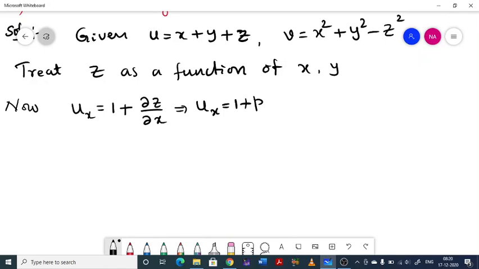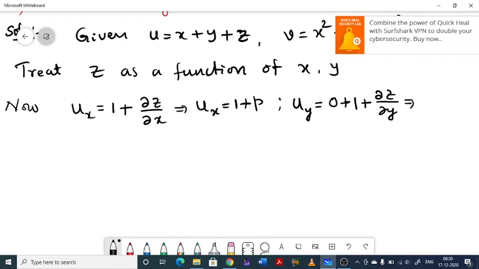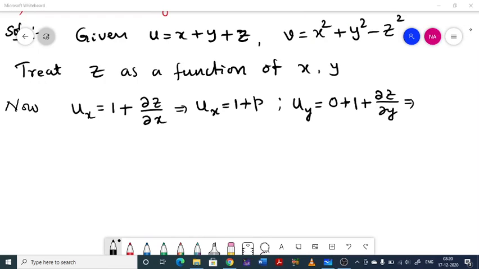Next uy equal to, okay sorry, the first term is 0, plus y, if you differentiate you get 1, dou z by dou y. So that implies uy equal to 1 plus q.